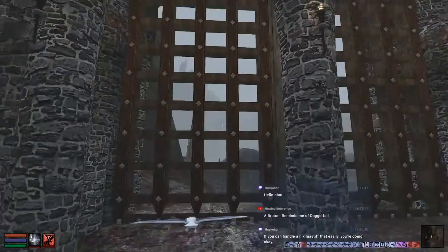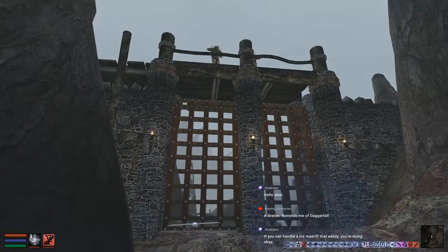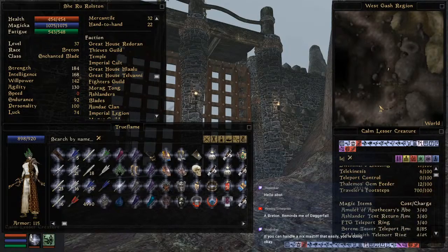Just super jump or levitate. Easier to levitate.